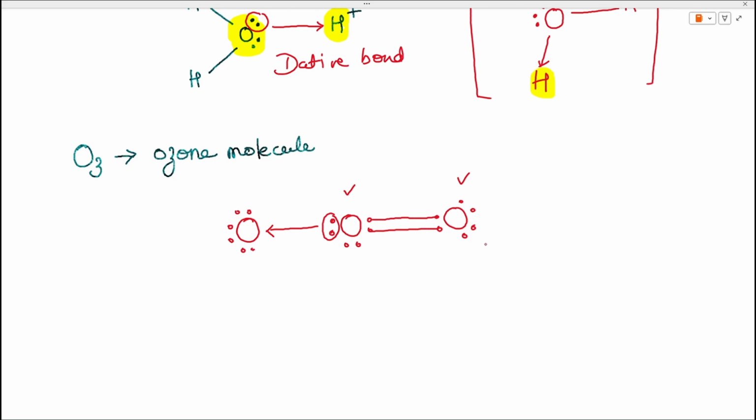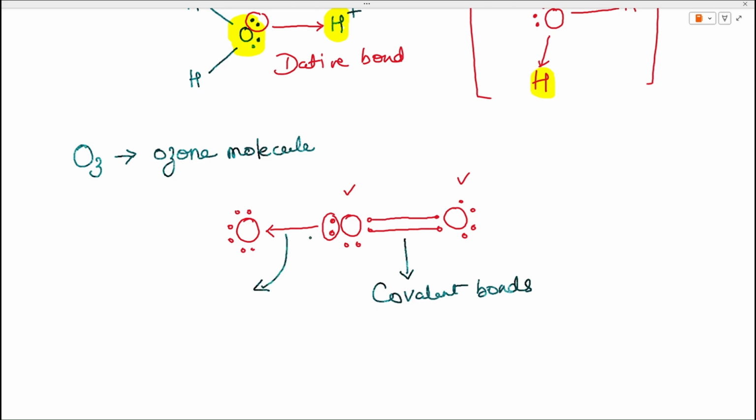So if you count now the total number of electrons for each of the oxygen atoms, they all have their octet complete, but over here the 2 bonds which are being formed are the regular covalent bonds, which are formed by the sharing of electrons equally contributed by each of the atoms.